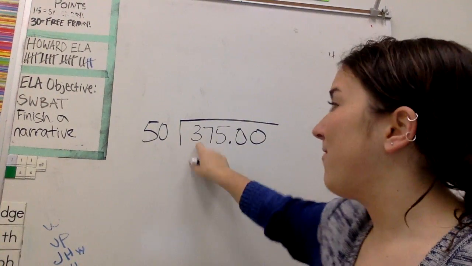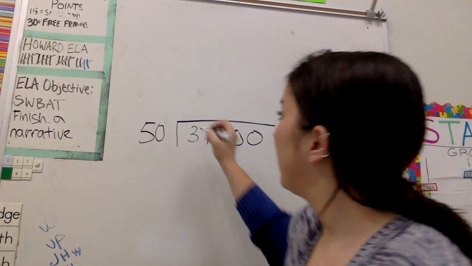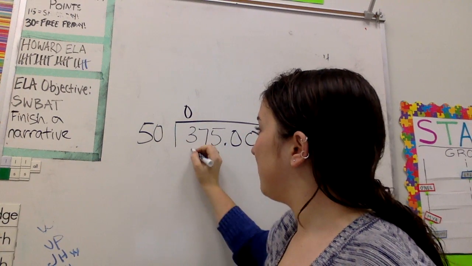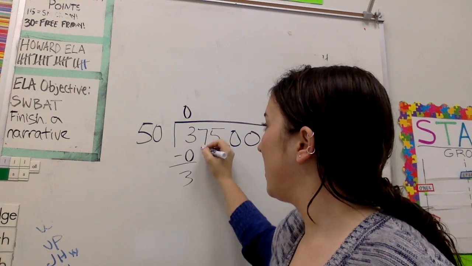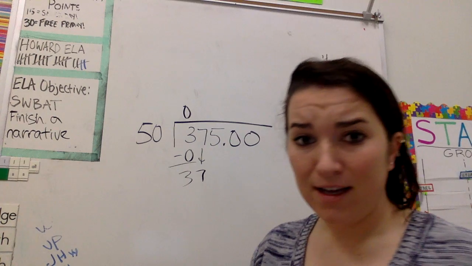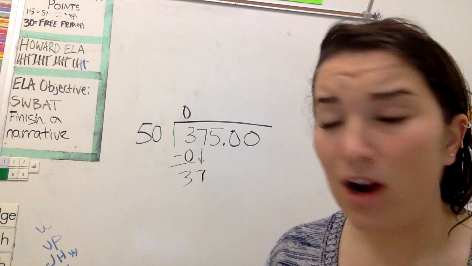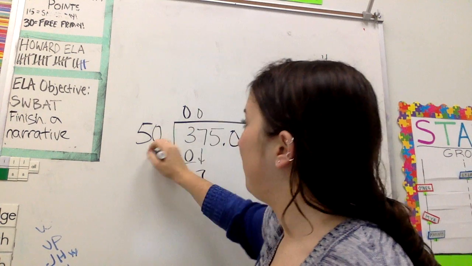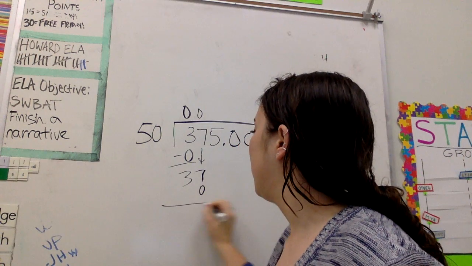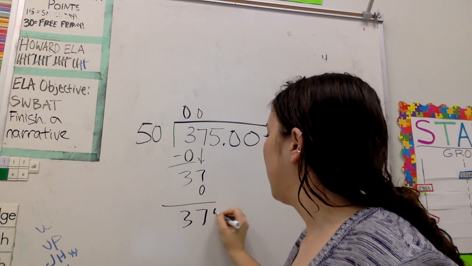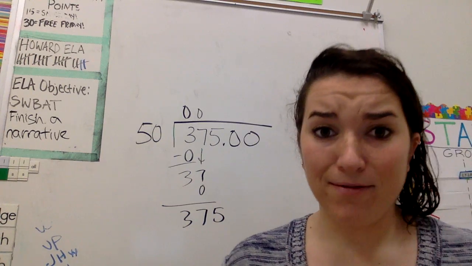So I'm going to ask myself, how many times does 50 go into 3? 0. So 50 times 0 is 0. Subtract, and I have 3. Bring down the 7. Now, how many times does 50 go into 37? Again, 50 is too large, so it's going to be 0. 50 times 0 is 0. Subtract. I now have 375.